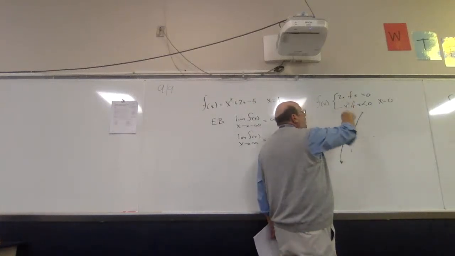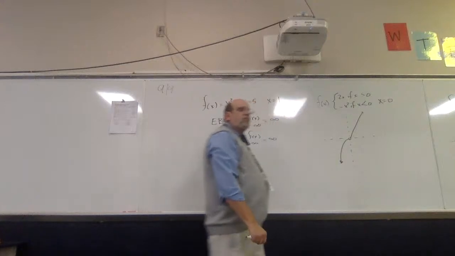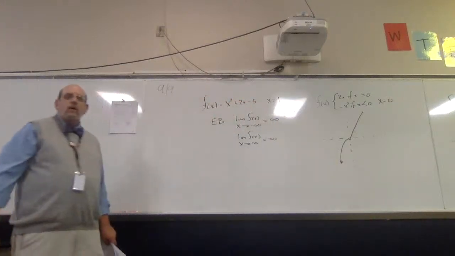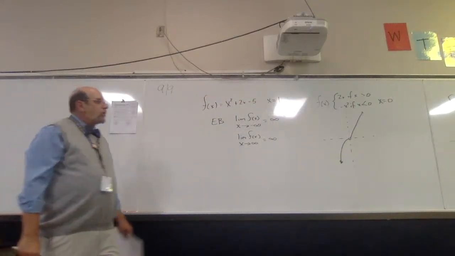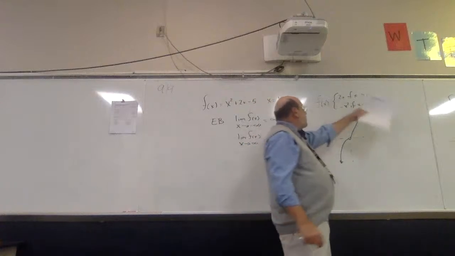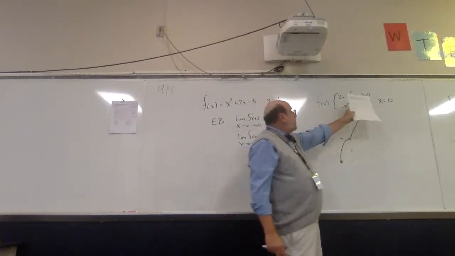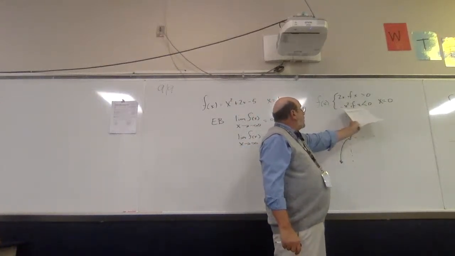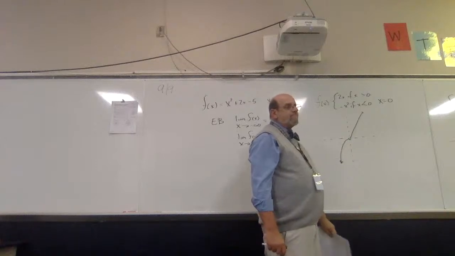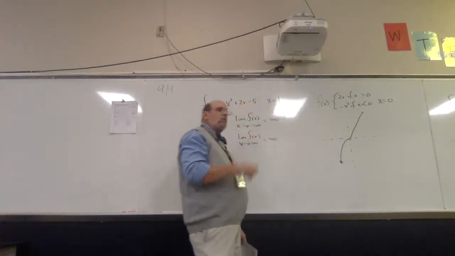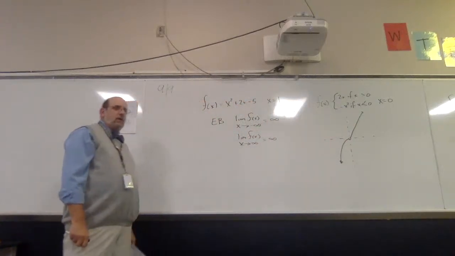What part of the function does 2x work? We're talking about everything greater than 0. Are we including 0? Is there an equal sign there? No. It's a removable discontinuity.